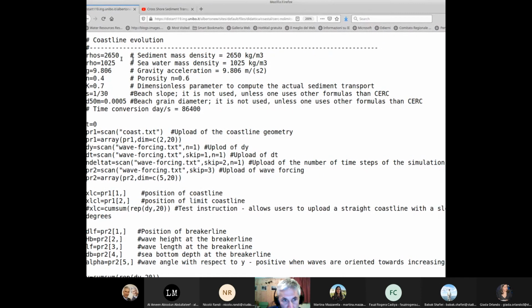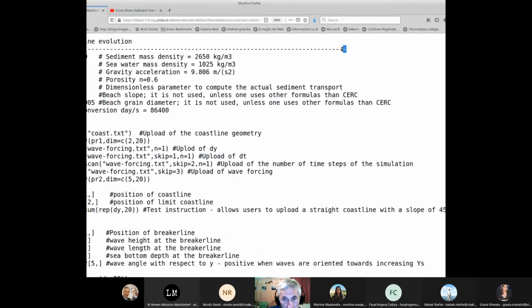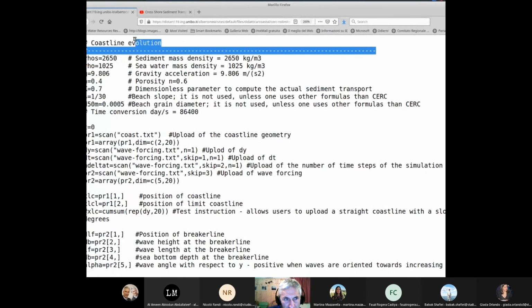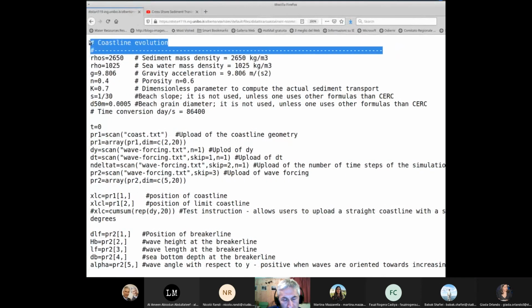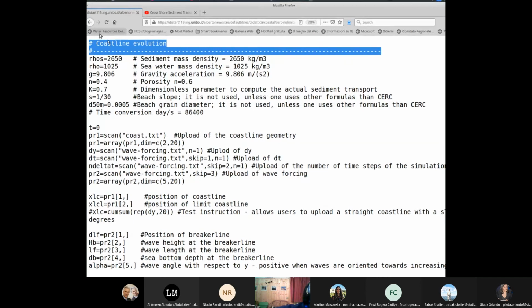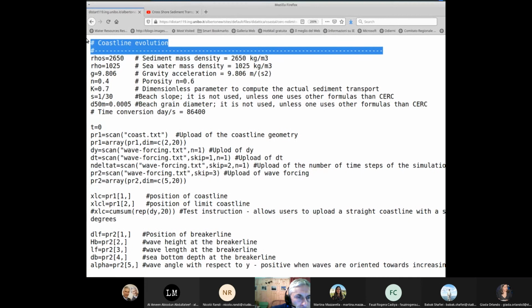I think the easiest way is to go with the mouse to the beginning or the end of the selection, push the left button, keep it pressed, and go to the other side of the selection. And then you can release the mouse button. Okay, now with the right button, copy. Very good. Now let's move to R.